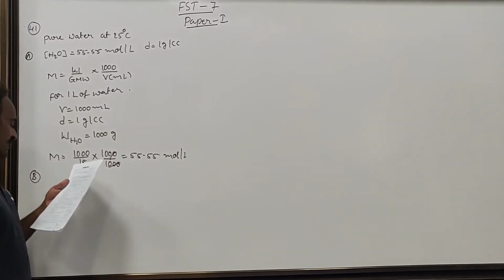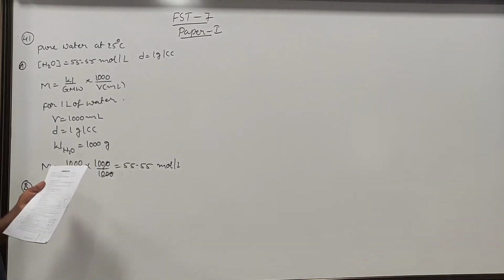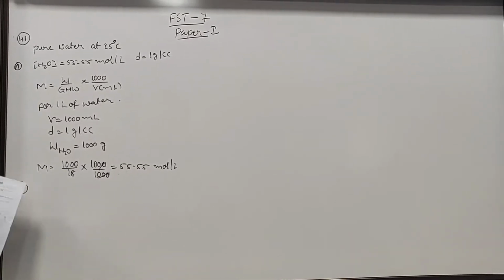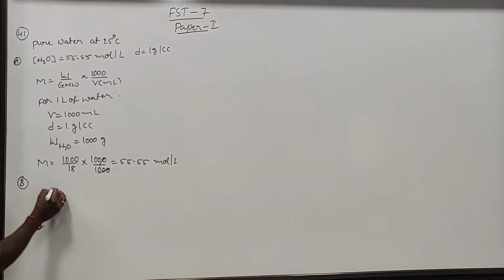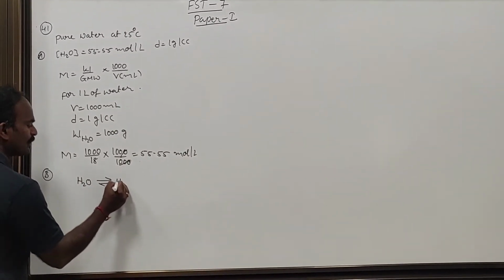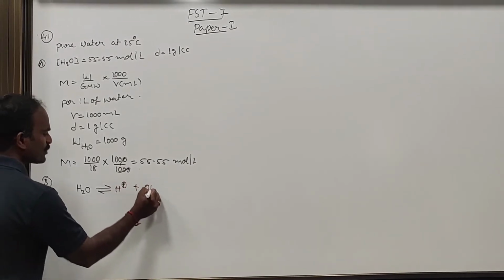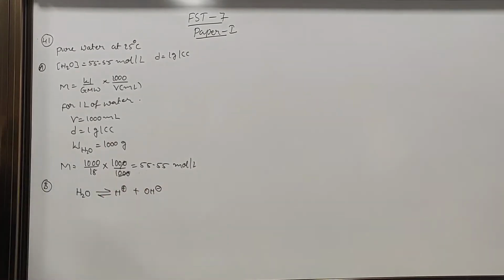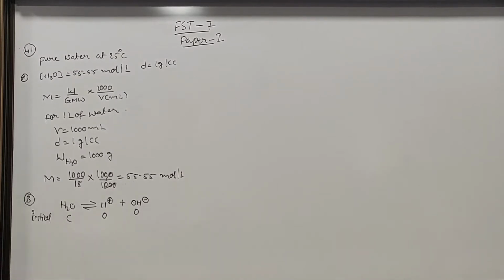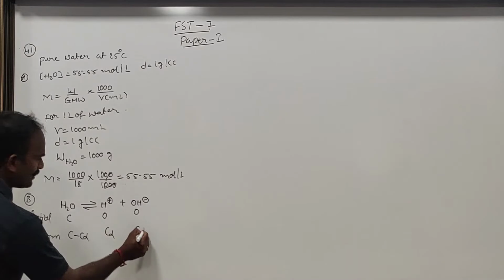Ionic product of water is equal to 1 into 10 power minus 14 moles per liter whole square. Let's see this one. As we know, H2O gives rise to H plus plus OH minus. Here, initial concentration C, 0, 0. At equilibrium state, it will be C minus C alpha, C alpha and C alpha.